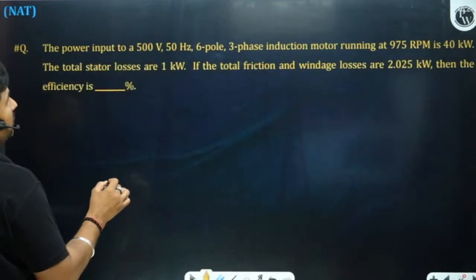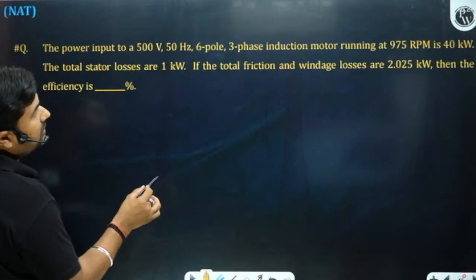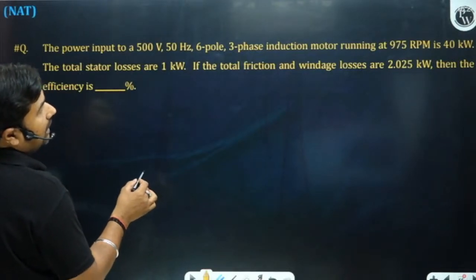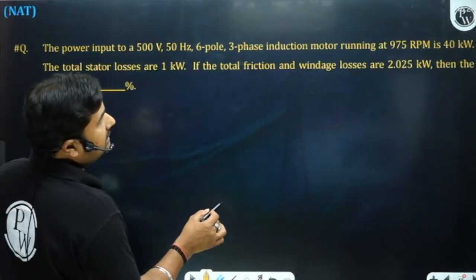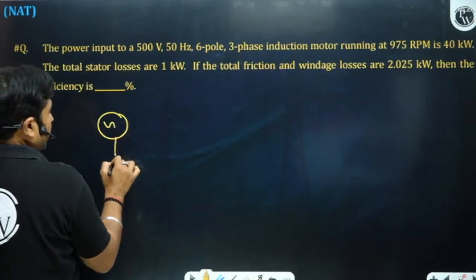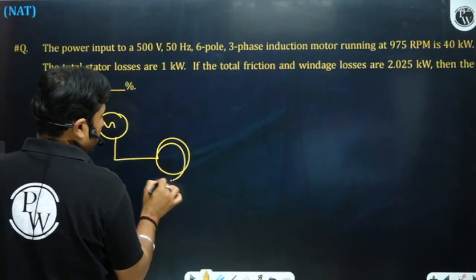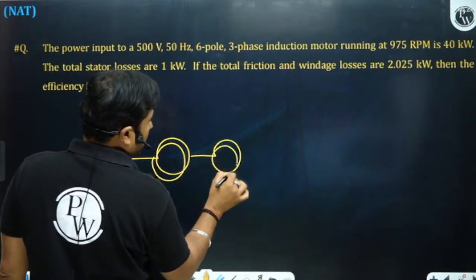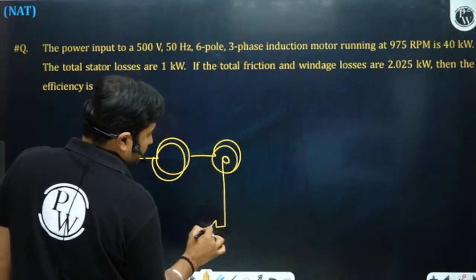The power input to a 500 volt 50 hertz 4 pole induction motor running at 975 RPM is 40 kilowatt. So we have an induction machine. We all know about the power flow diagram.